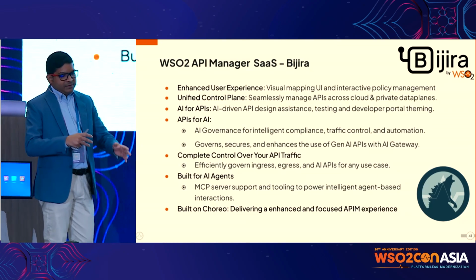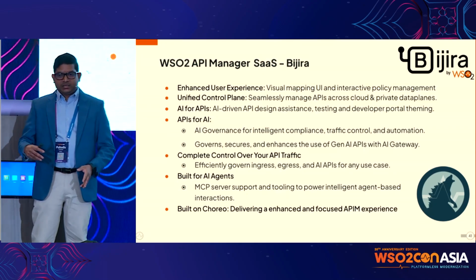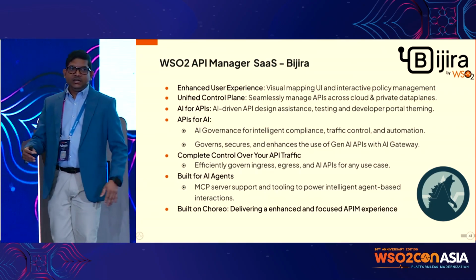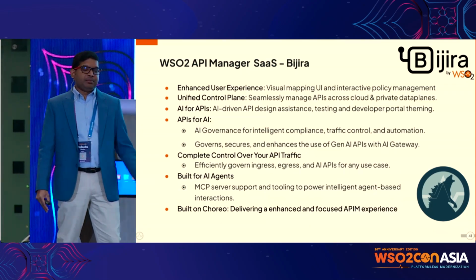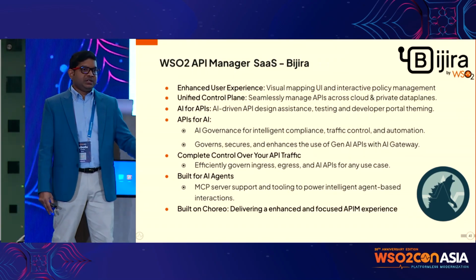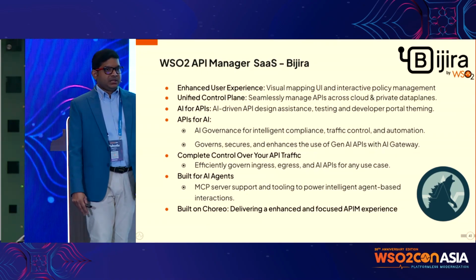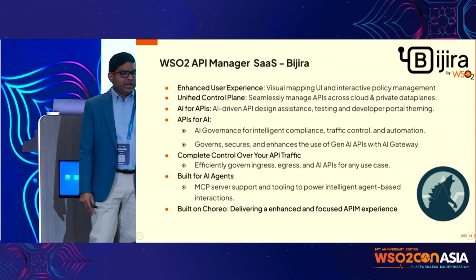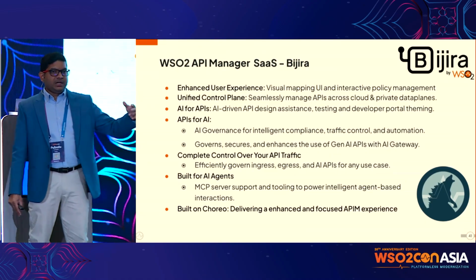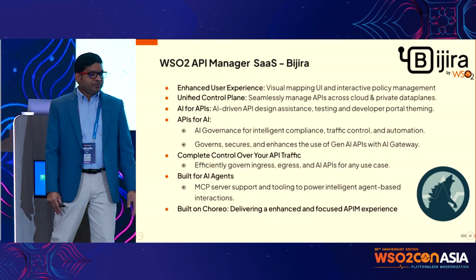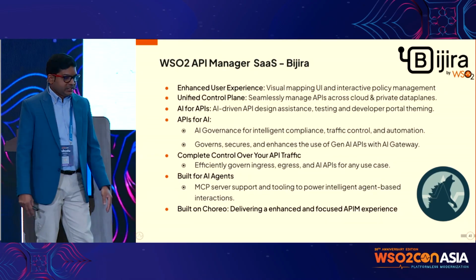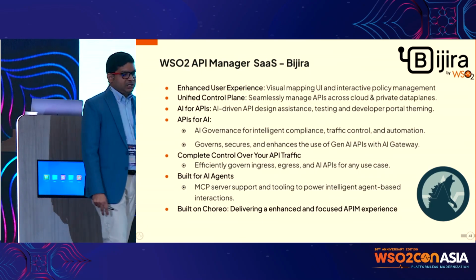And then we have other capabilities like the ingress, egress, and API management as well. Now Bijira has the AI gateway as well, which I talked about earlier. And very recently we introduced the MCP server management.